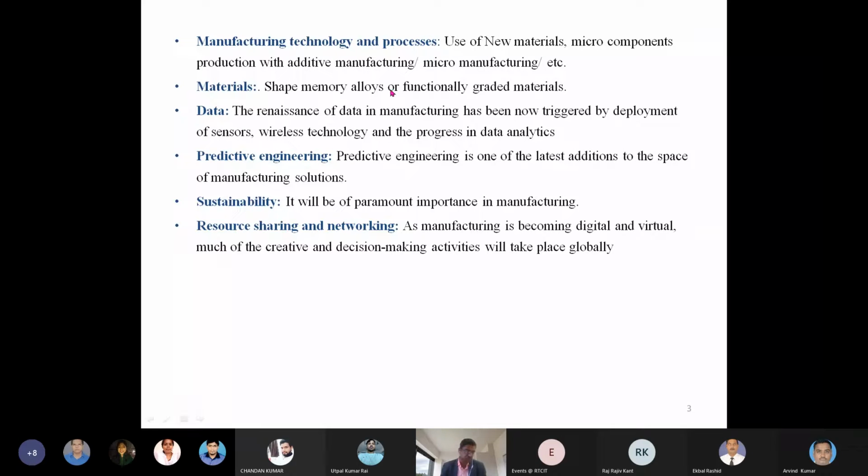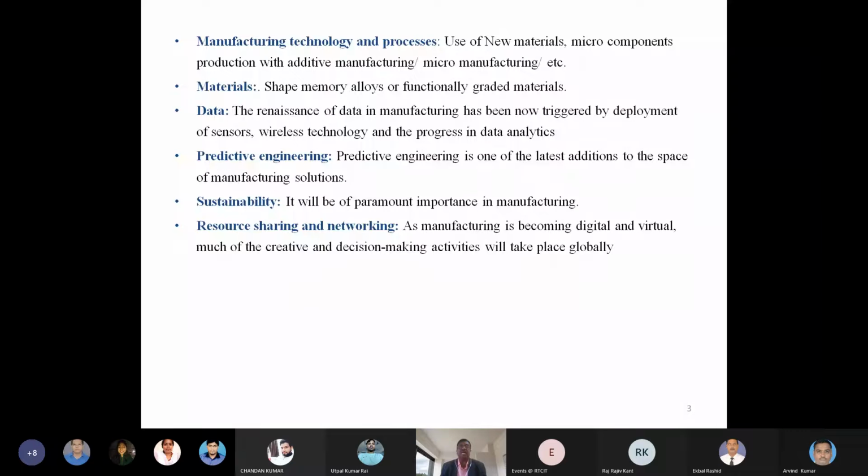Manufacturing technology and process. With the application of new materials for the production of micro components, we require a new manufacturing method so as to manufacture the component for the requirement.